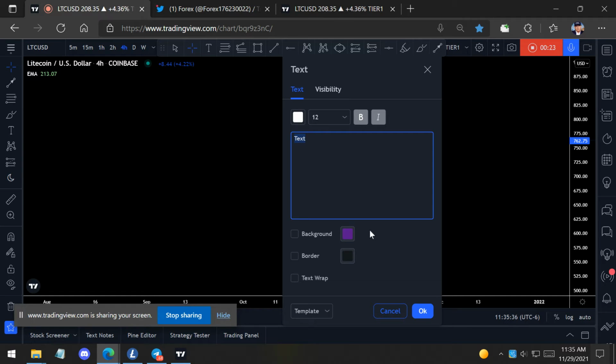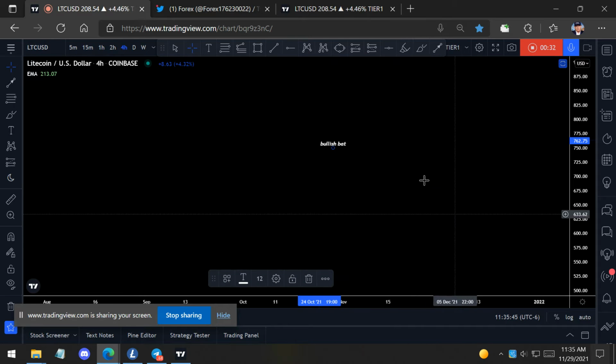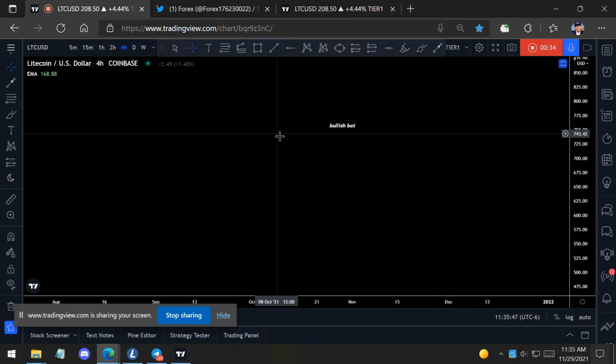Okay, so let's look for a bullish bat. The rules for me for a bullish bat formation go as follows.